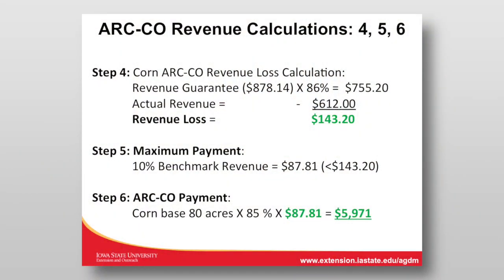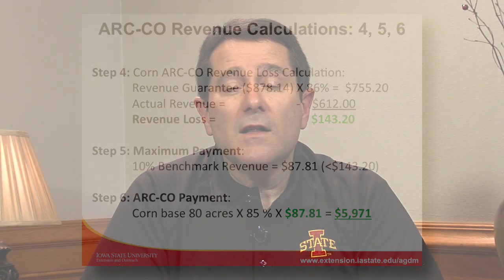Every county will be different, but the shortfall will still reflect a potential payment, a maximum payment that's available for that county. Simply multiply your base acres times 85% times that payment of $87.81. The total payment that could be available for this farm, elect and enrolled in the ARC-CO, would be $5,971. Again, the payment would not be made until October of 2015.